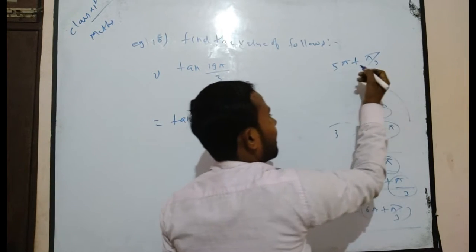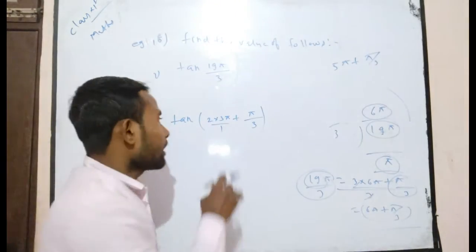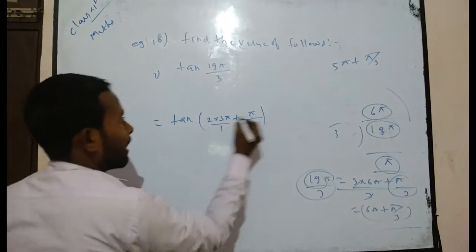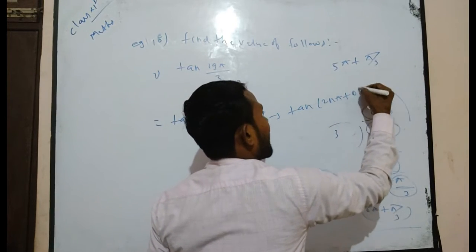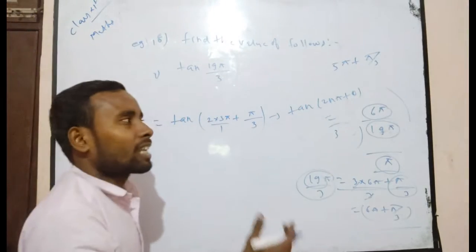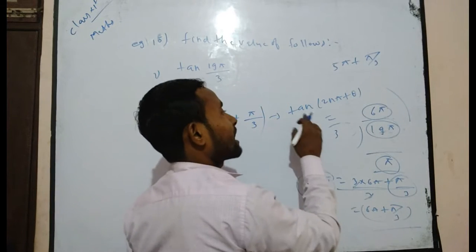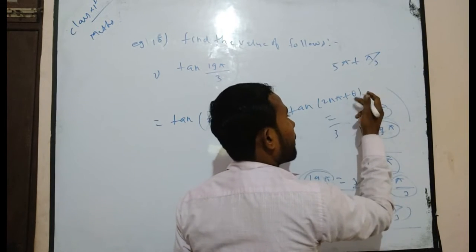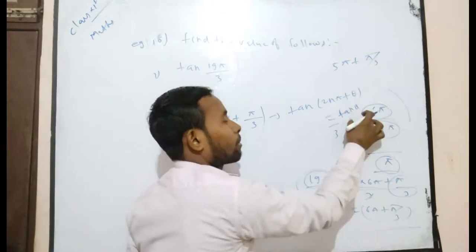In that case, you can't convert it directly using 2n pi, because the formula is for 2n pi plus theta. For any trigonometric function, 2n pi plus theta will be the same function of theta. For tan it will be tan theta, for sine it will be sine theta, for cos it will be cos theta.